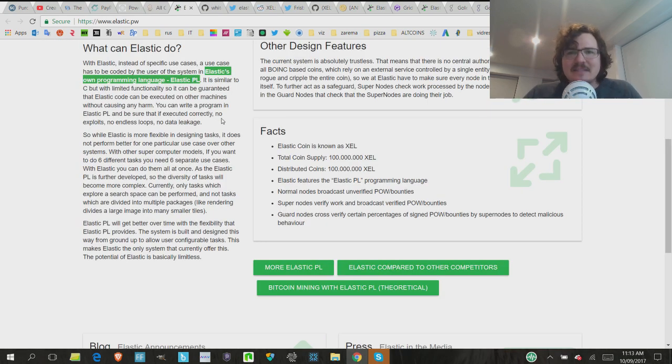Elastic is basically very similar to Golem in a lot of ways. We're going to talk about the nuances a bit later in the video. But essentially, what Elastic does is let you rent out your unused computational power on your computer so that other people can collate it all together and use it to do more advanced computations.